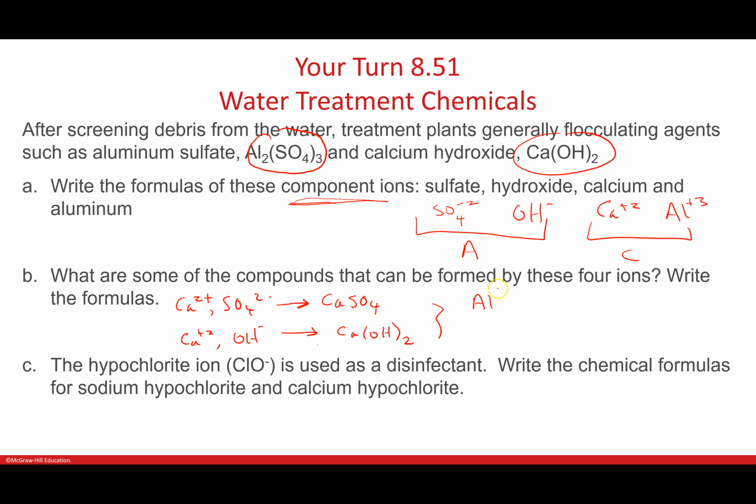Well, let's switch it up and let's grab aluminum. So over to you, Nat. I have aluminum +3, and what do I need to see if I combine it with the hydroxide? What would my formula be? So how many aluminums do I need? 1. 1 aluminum, and how many hydroxides do I need?